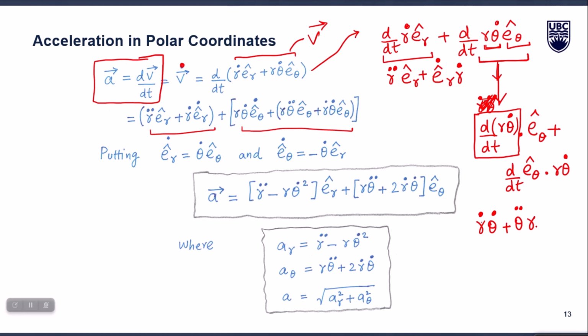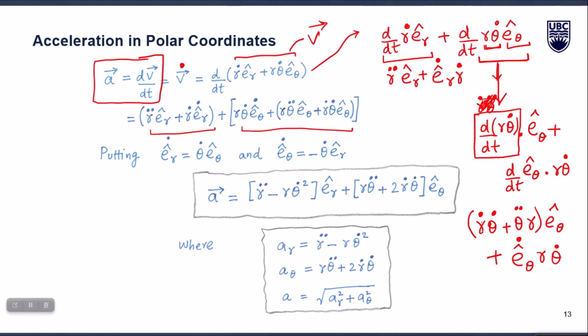And this whole thing is being multiplied by E sub theta, right? Plus this thing, which will become E sub theta dot on top times r times theta dot, right? You can multiply this by E sub theta and you will get three terms actually, right? And then finally those three terms will be these three terms, which you can confirm from here.